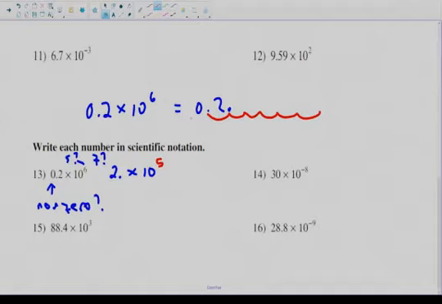So if we look at number 14, I have to place the decimal after the 3, right here, to get my first non-zero digit. Well, this is a times 10 to the negative 8. That means from where the decimal is right now, I have to move left by 8.